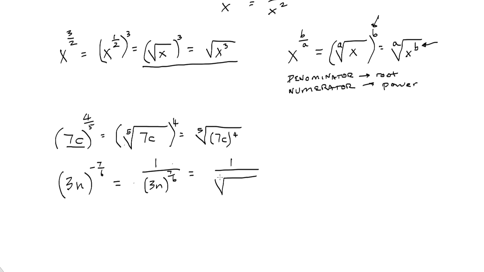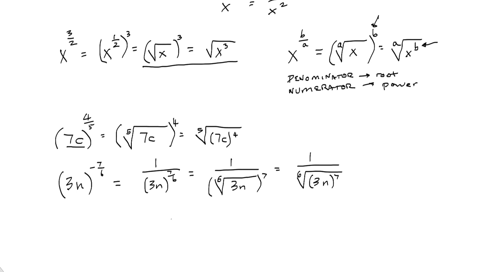What goes in the radical? The denominator, 6. 3n raised to the numerator, which is 7. Or again, we could rewrite it this way. 6th root of 3n in parentheses raised to the 7th. Either way is acceptable. Okay?